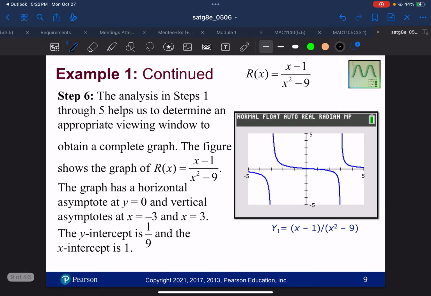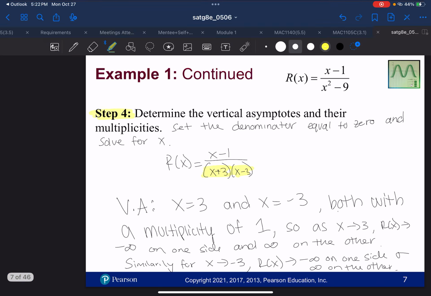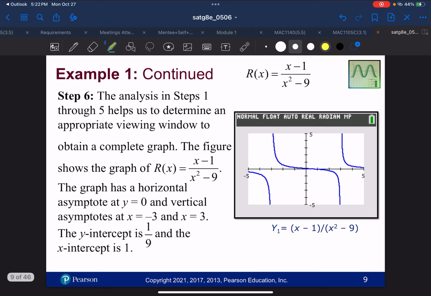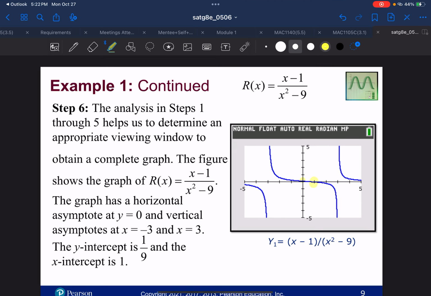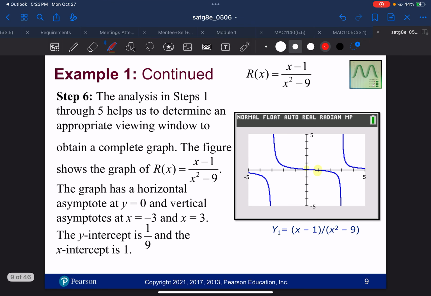Okay, so we can put all this information together. We found our x-intercept to be (1, 0), which is right here in this graph. And our y-intercept was (0, 1/9), so it's like right above y is 0. And then our vertical asymptotes are here, negative 3, and here, 3.